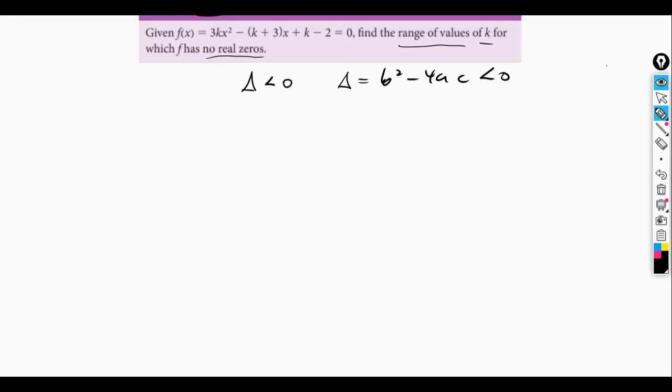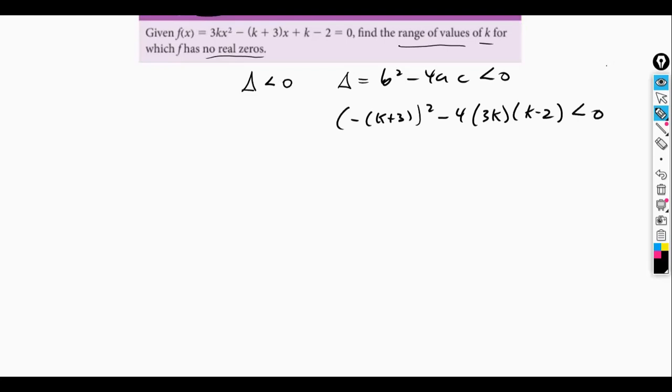Now remember that a, b, c are simply the coefficients of the quadratic function. So we can simply substitute for these values, and we're going to get that minus k plus 3 squared minus 4 times 3k, so 3k times k minus 2, and all this should be less than 0.